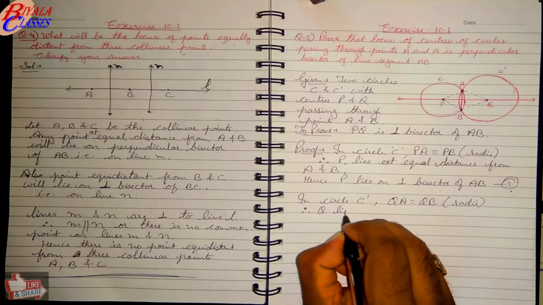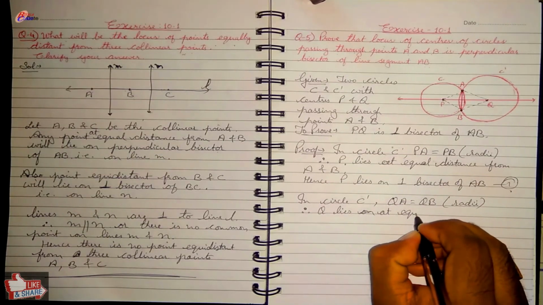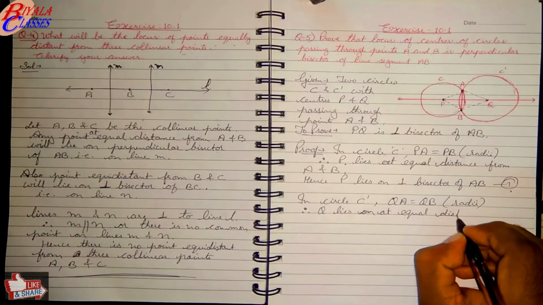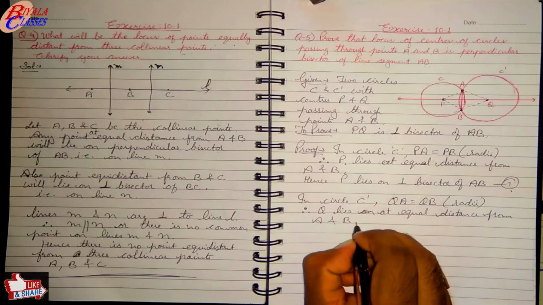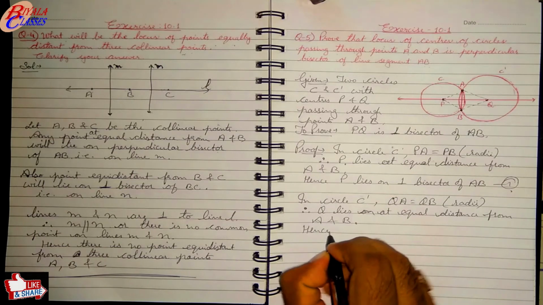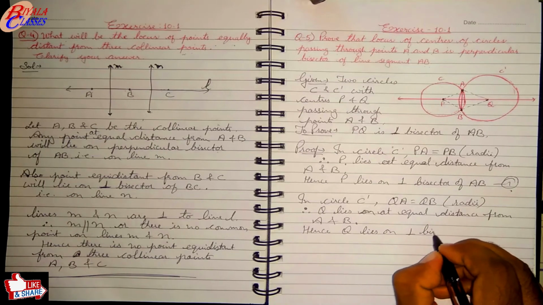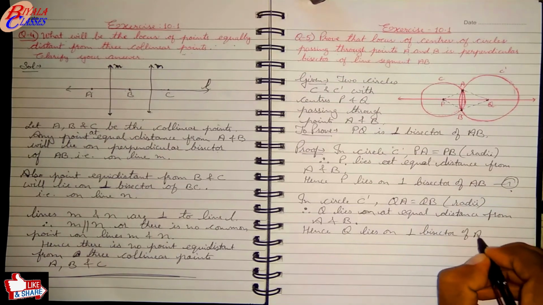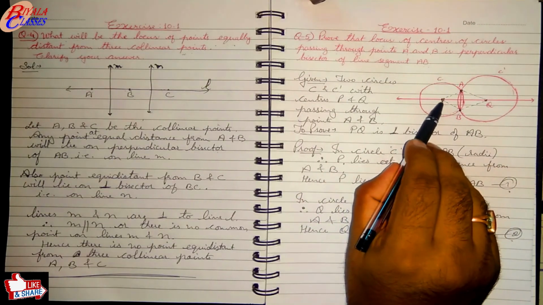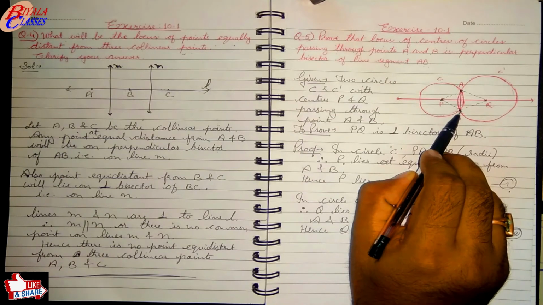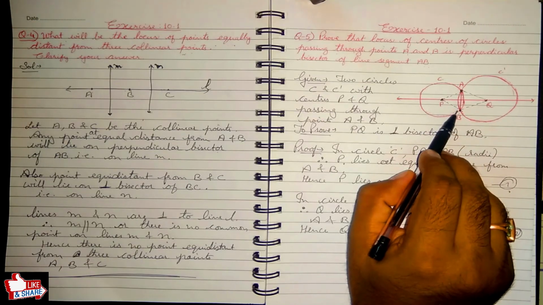Therefore, the point Q lies at equal distance from A and B. And because it lies at equal distance, hence Q lies on the perpendicular bisector of AB. This is also by using the theorem 10.1 that any point lying at equal distance from two given points lies on the perpendicular bisector of line segment joining the 2 points.